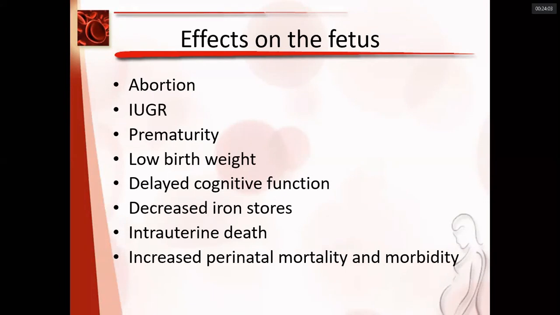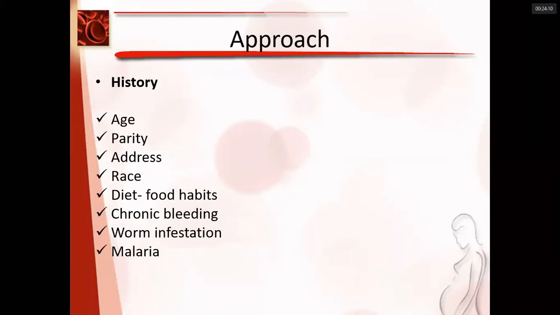So we can see that it affects both the mother as well as the fetus. How do we approach a case if we encounter a patient who has anemia? Age is very important, because teenage pregnancy is quite common in our part of the world, when females have not reached their full body function, and they may have less iron stores, and are already succumbed to pregnancy.